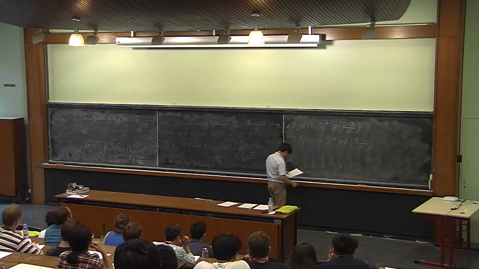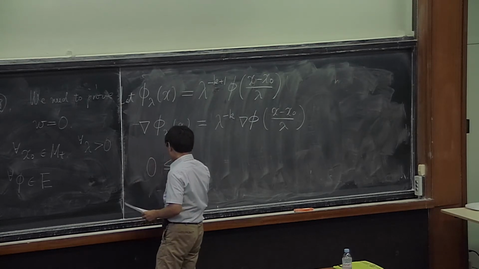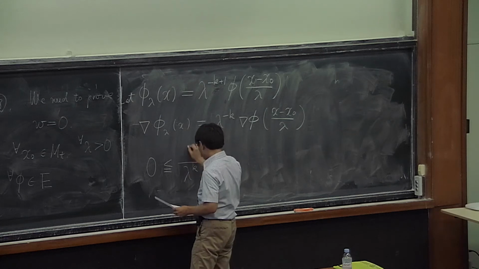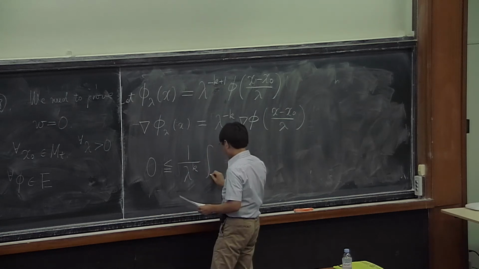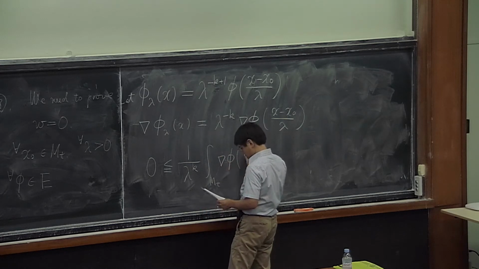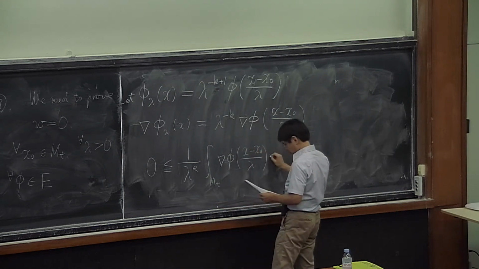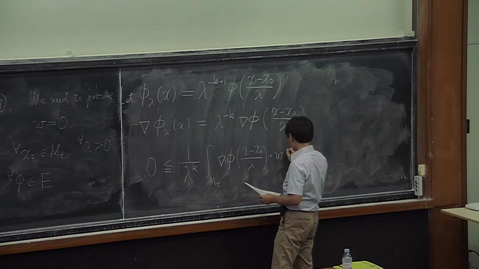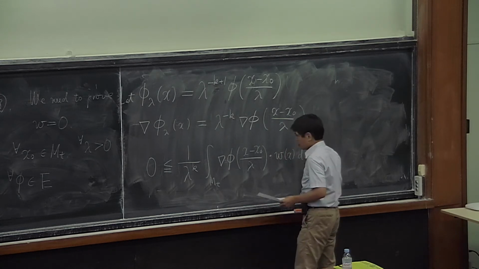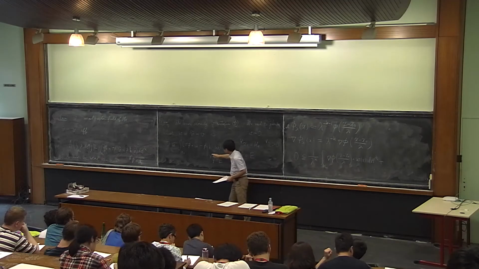So what you can see is that if you plug this in, then you end up having the following inequality. So lambda to the minus k, the integral over mt, nabla phi of x minus x0 divided by lambda, dot w of x, dhk. Okay. So that's the first term I'm writing.